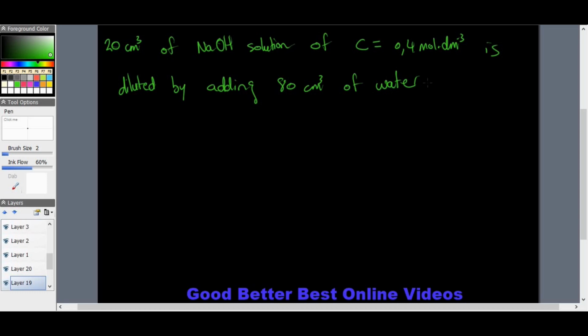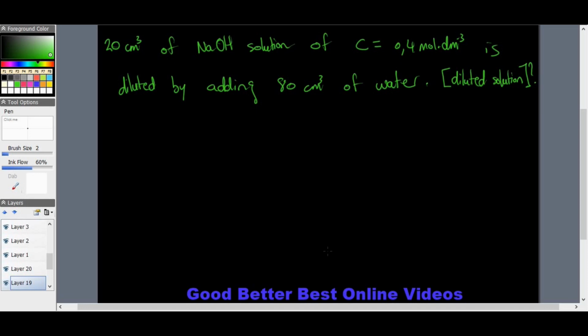And now they want us to calculate the concentration of the diluted solution. So a short way to write that, square brackets is concentration in chemistry, of the diluted solution. So now what do we do?